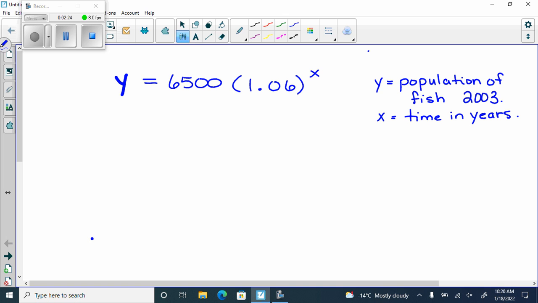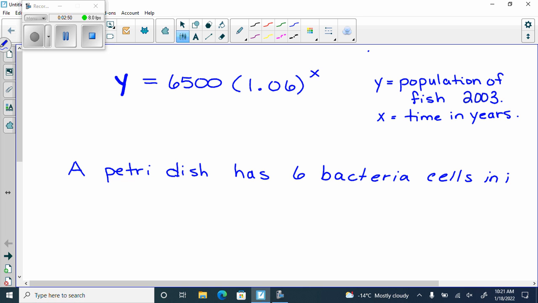Okay. What if I give you a petri dish that has 6 bacterial cells in it. It doubles every 4 hours.